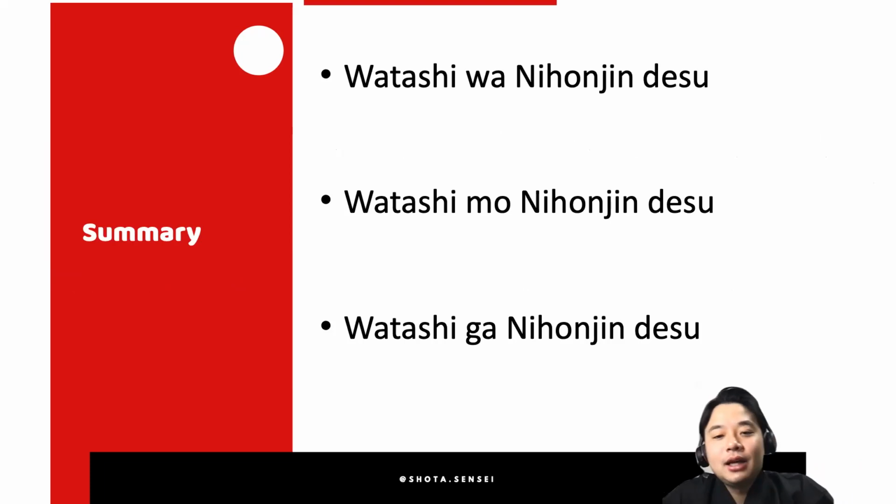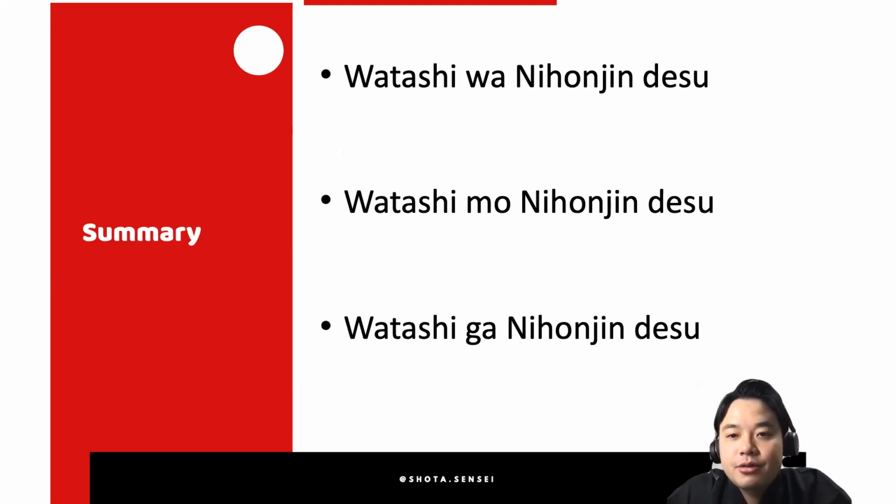So again, let's go through these 3 sentences again. 私は日本人です。Meaning, I am Japanese. And then, 私も日本人です。If you say that, you can imagine that in the context there is somebody else who is also Japanese, and then you say, I am also Japanese. Okay? あ、私も日本人です。Yeah, I'm Japanese too. Okay?